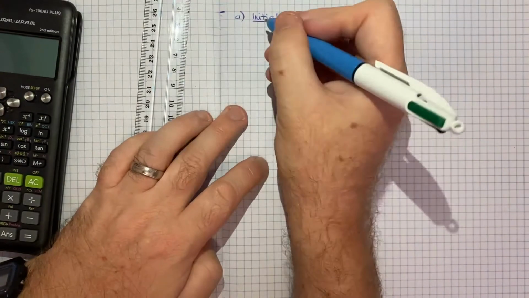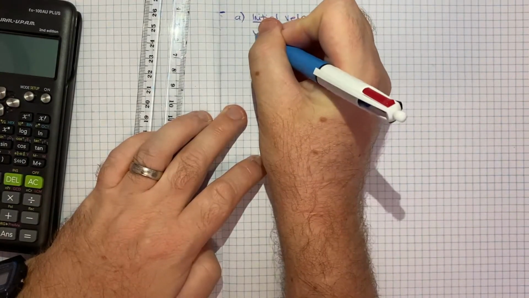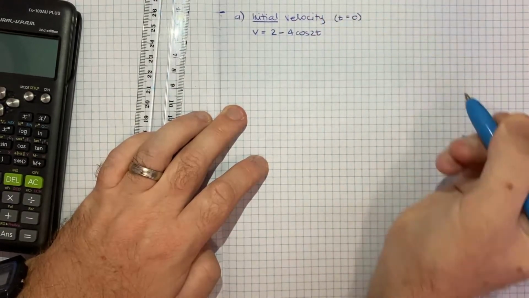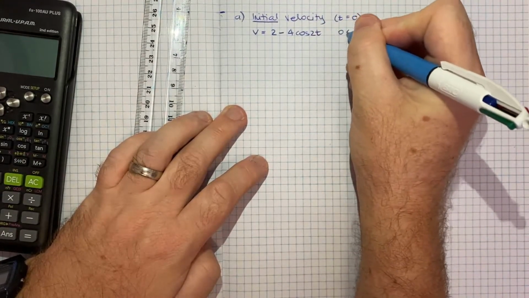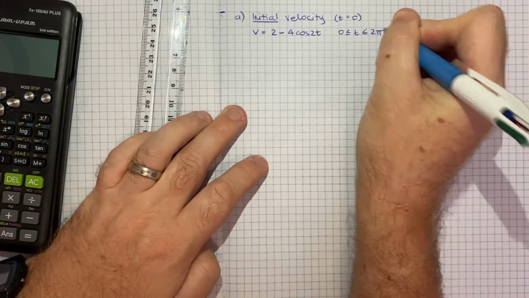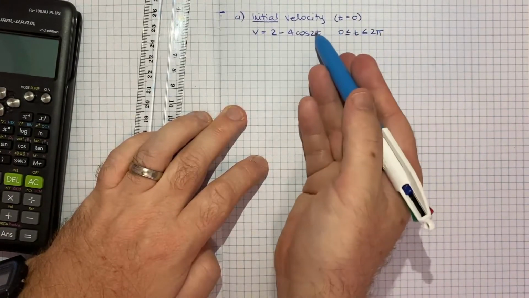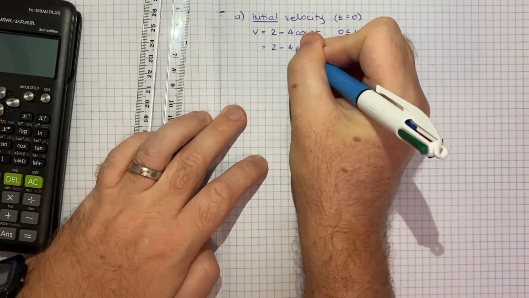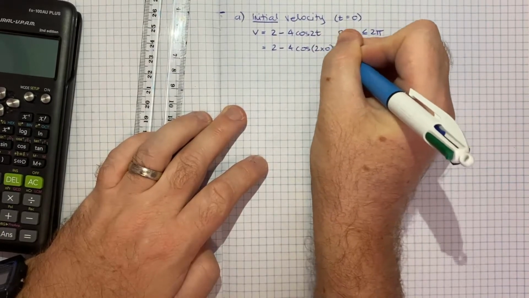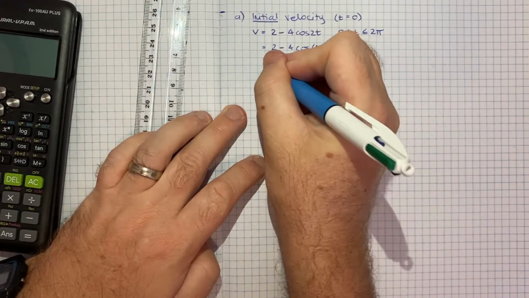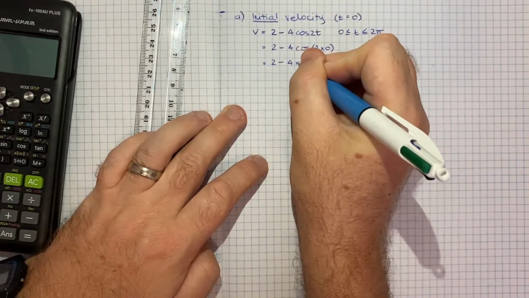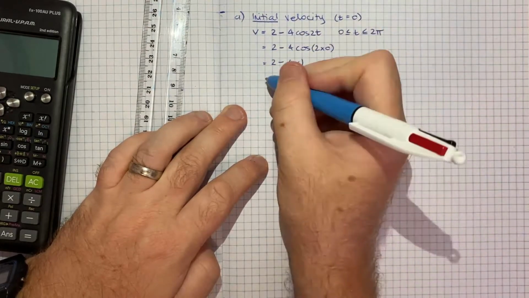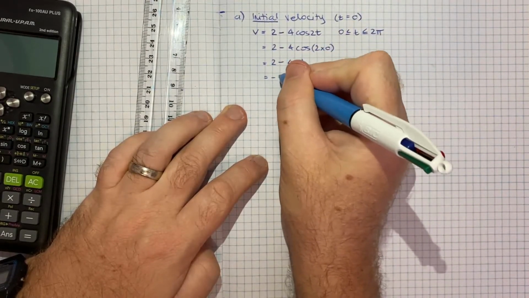So I'll just write out our velocity formula. We were given v is equal to 2 minus 4 cos 2t, and we had our domain of t between 0 and 2 pi. So if we just set t is equal to 0, we'll get v is equal to 2 minus 4 times cos of 2 times 0, which is just cos 0, which would be 2 minus 4 times 1, since the cos curve starts at 1, and then that's 2 minus 4 is negative 2.